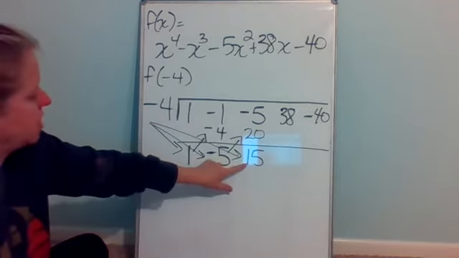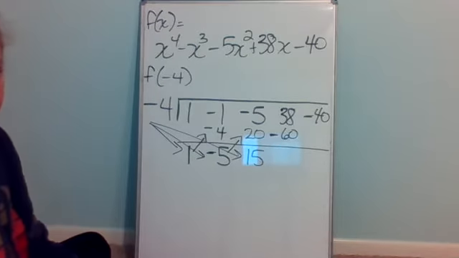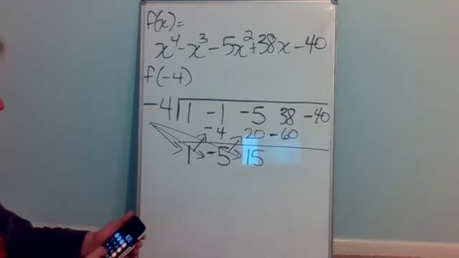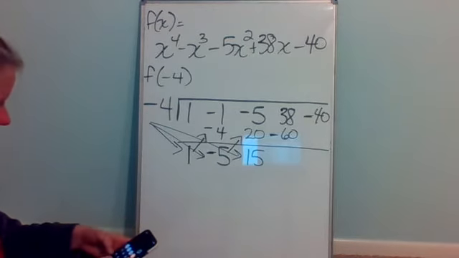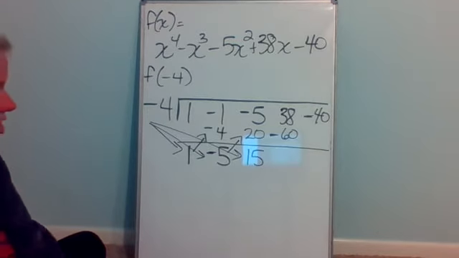Multiply. -4 times 15 gives me -60. So when I add that straight down, 38 and -60 gives me -22.